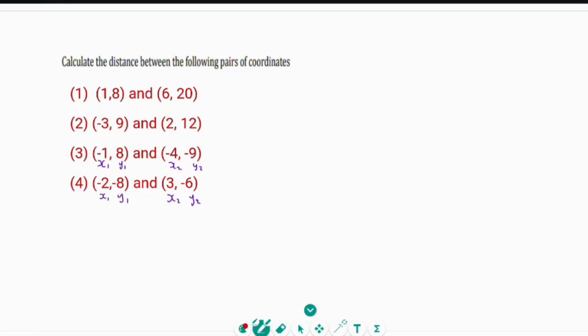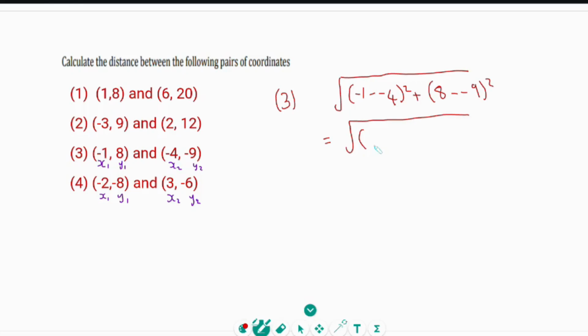Okay, questions 3 and 4. Just be careful with the negatives. Don't really need the brackets there.